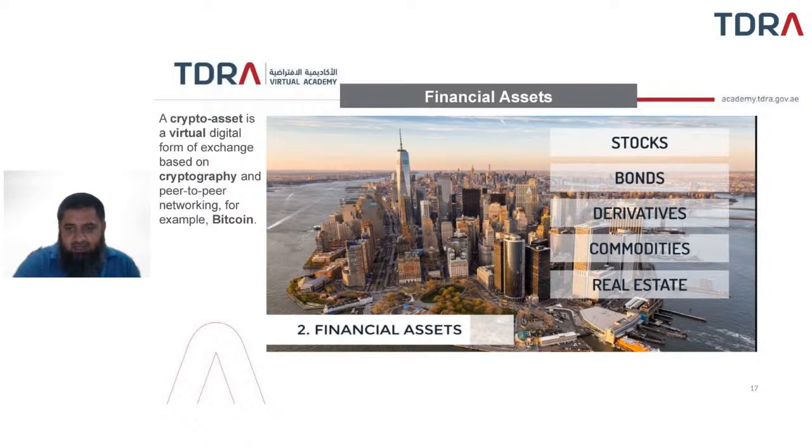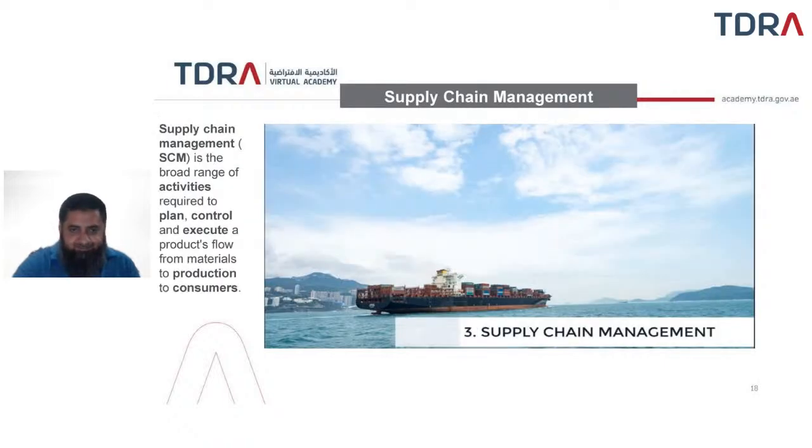So here are stocks, bonds, derivatives, commodities, and real estate where we can apply the blockchain, and these assets will be converted to crypto assets. They have digital signatures with the help of cryptography, so the original name will be converted to a cryptographically hashed code.